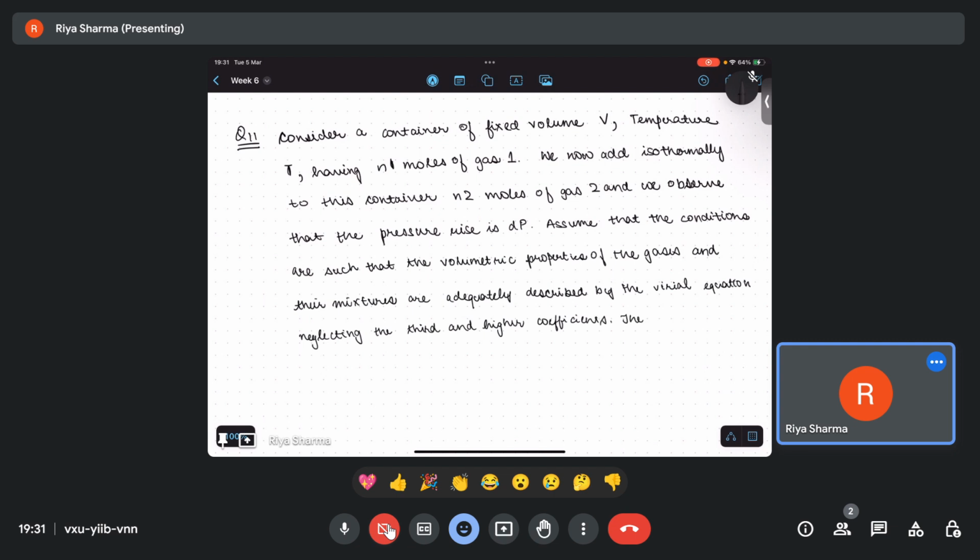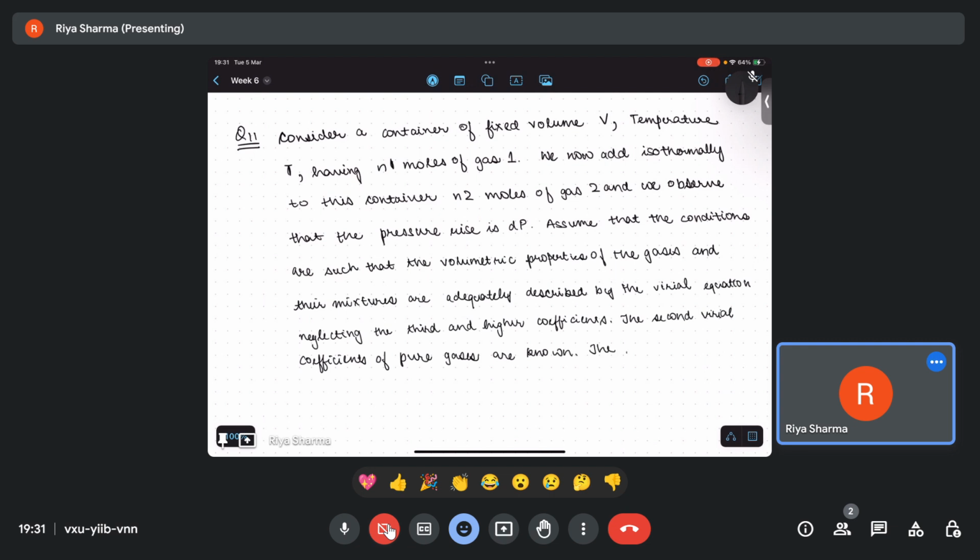The second virial coefficients of pure gases are known.